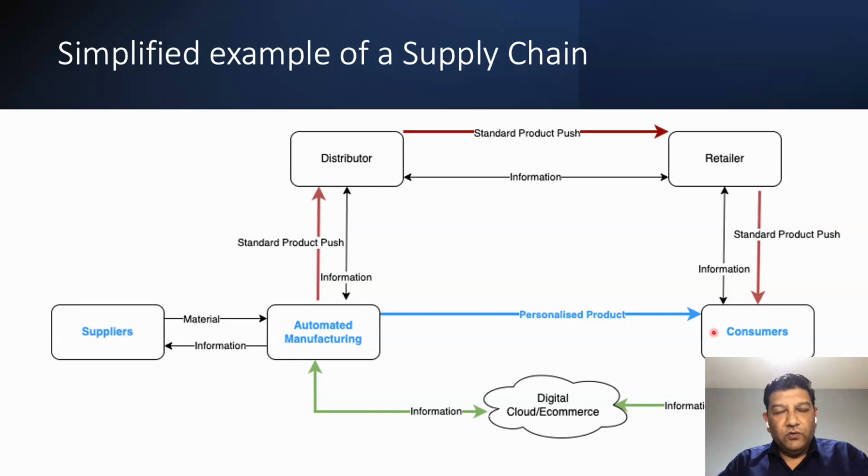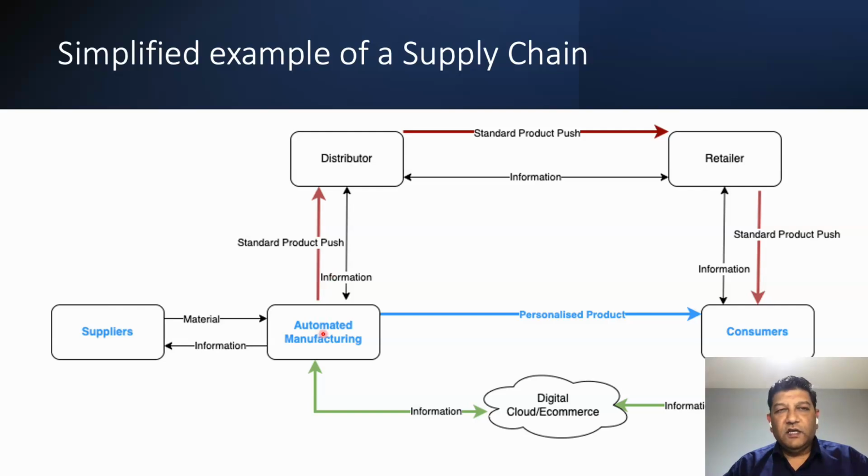Since we all know supply chains have a complex structure, here I'm trying to give you a simplified example that gives you an idea of the generic supply chain, as well as the digital supply chain. So let's take an example that I am ordering a customized t-shirt from a retailer, and the retailer is going to send the order to the distributor, and the distributor will push the order to the manufacturer.